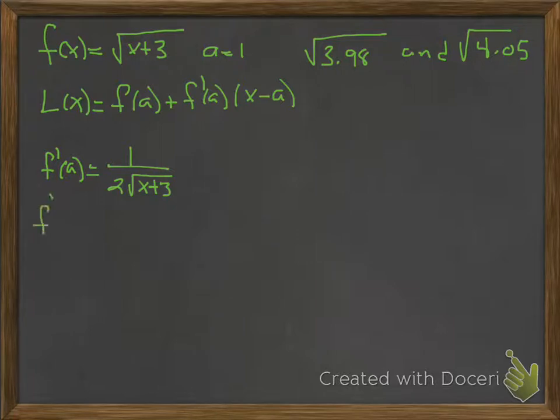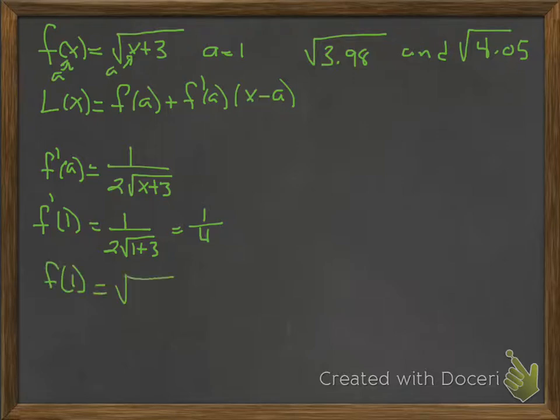So f prime of 1 is equal to 1 over 2 times the square root of 1 plus 3, and this really should be a. That equals 1 over 2 times 2, which is 1 over 4. And my f of a is 2. So f of 1 is really just the square root of 1 plus 3, which is 2. So now we're going to plug this all together.